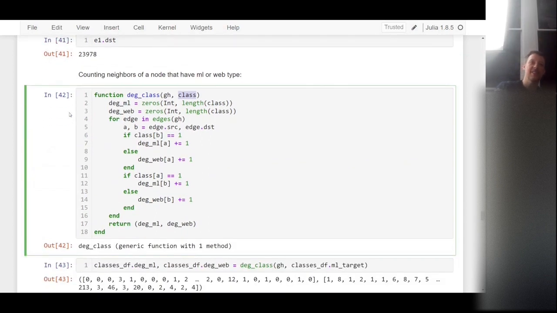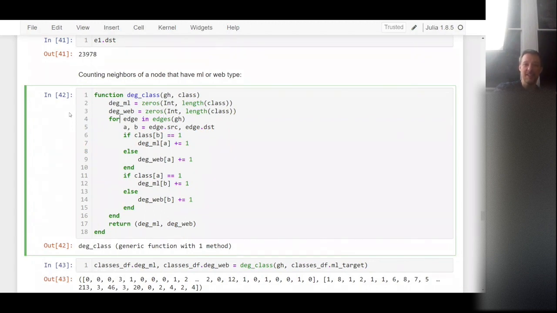The class is either 0 for web or 1 for machine learning. Initially, I say that my degree in terms of machine learning friends is 0 for every node, and the same for web. Initially, I don't know any web developers. Clear? Okay. And I want those to be integers, so I'm counting the values.